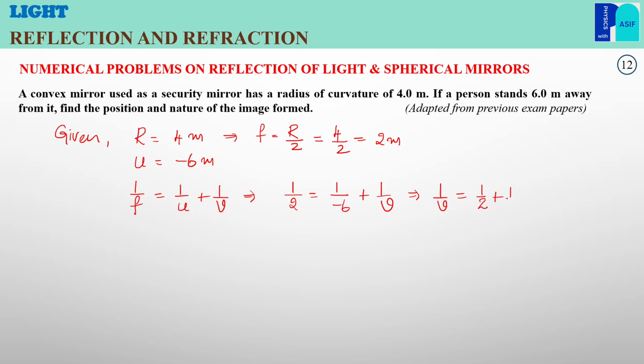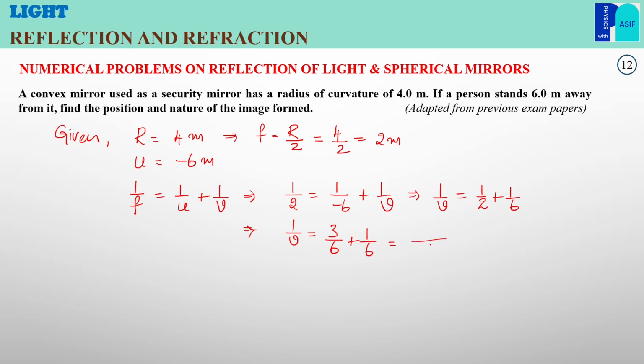and from this 1 by v is equal to 1 by 2 plus 1 by 6. And if we simplify this, this can be written as 3 by 6 plus 1 by 6, because here the numerator and denominator are multiplied by 3, therefore it becomes 3 by 6.